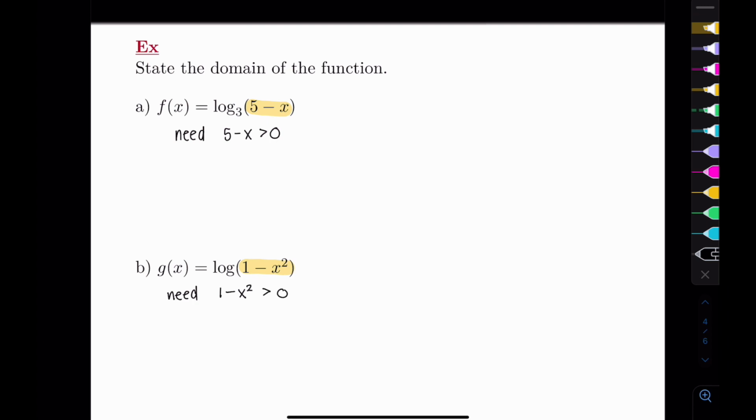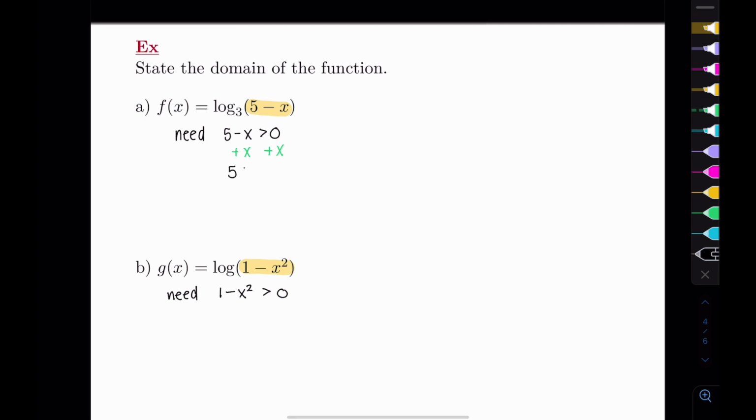Just like we were dealing with the even roots, you set the inside of the root to be greater than or equal to 0. We kind of do the same thing here, but it's strictly greater than 0. Now for the first one, it thankfully is not as difficult to solve. I want to find what x values work, so I just need to add x to the other side.